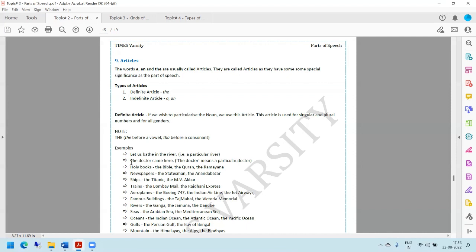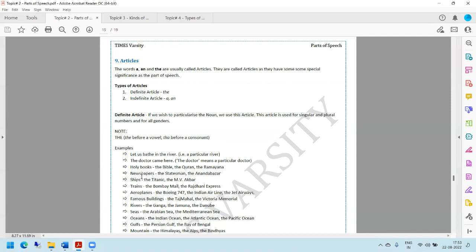So in that case, the is used. If we are not talking about any particular doctor, then there is no need of the. So now again, the is coming before a consonant because D is a consonant, so it should be pronounced as the doctor came here.